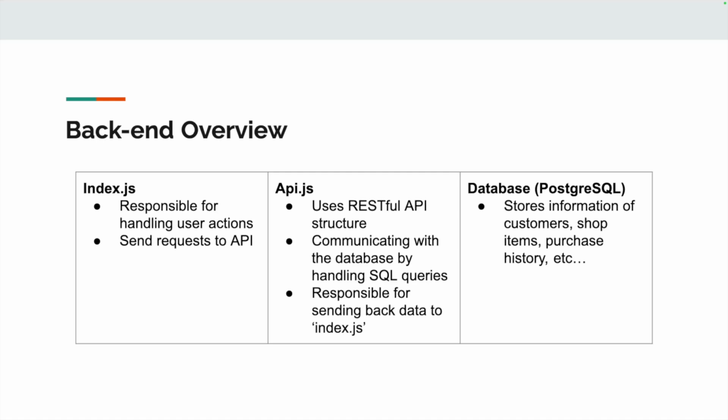For example, if a user clicks on About Us, then my index.js will process that request and redirect them to a page called About Us. Or if a user wants to log in, then this file will be notified that, oh, this user wants to get to the login page so they can log in.